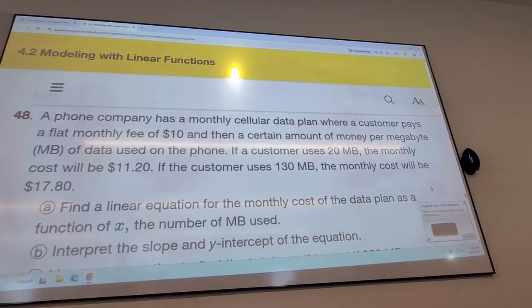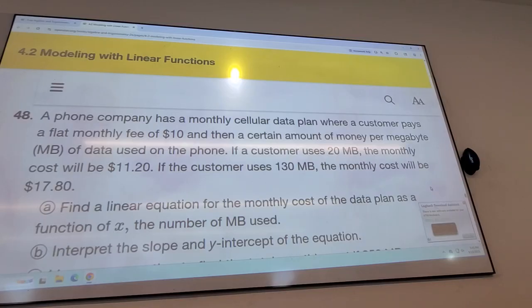All right, let me see if you're with me on this. I'm going to say something and tell me if it makes sense. The first thing I realized when I looked at this is you could, if you wanted to, take $10 out of the way. How much did they pay for the 20 megabytes then? They paid $10 no matter what. Then they used 20 megabytes of data, and they paid a total of $11.20.